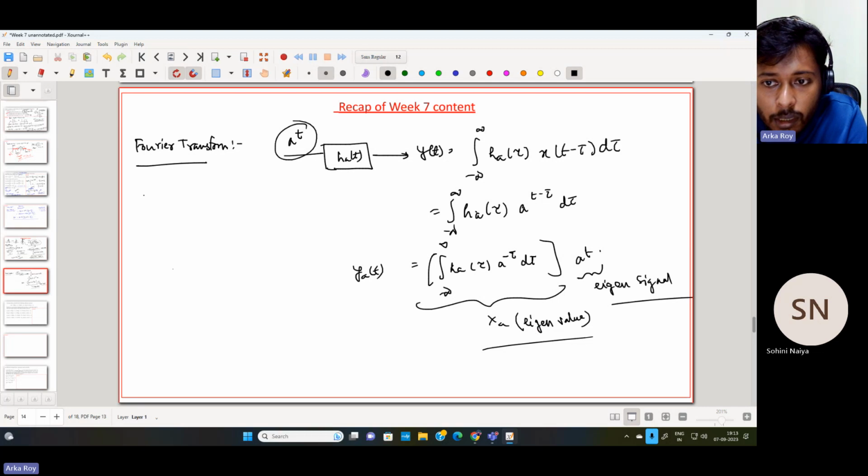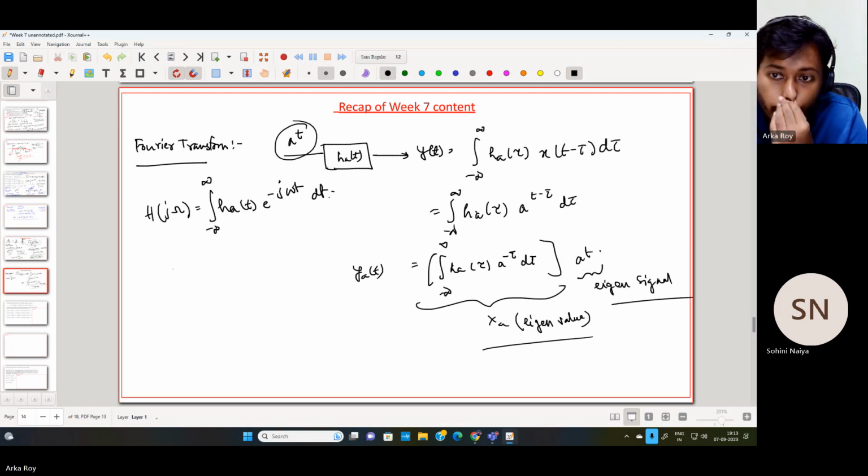Now this basically gives you the flavor of the Fourier transform. The Fourier transform H j omega is the integral from minus infinity to infinity of ha t e to the power minus j omega t dt. Instead of small omega, let me write capital omega because we are working with analog frequency.